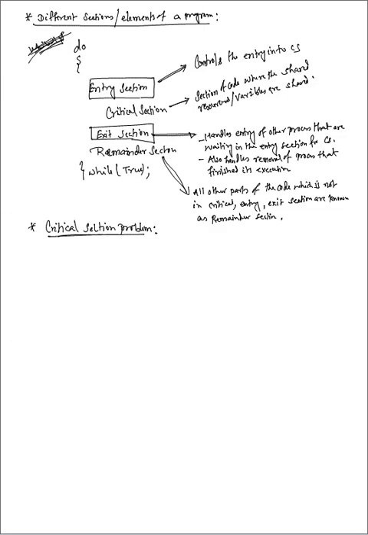So you can write: the critical section problem is to design a protocol so that processes can cooperate.